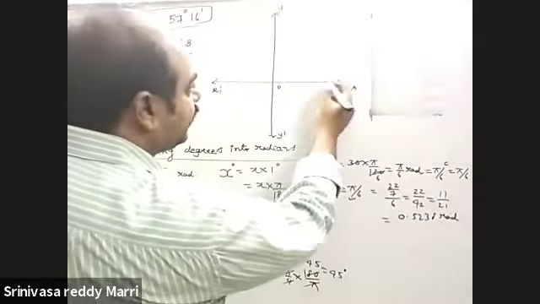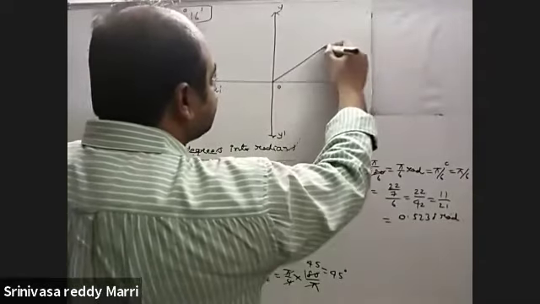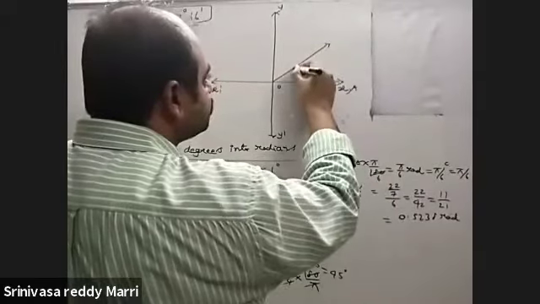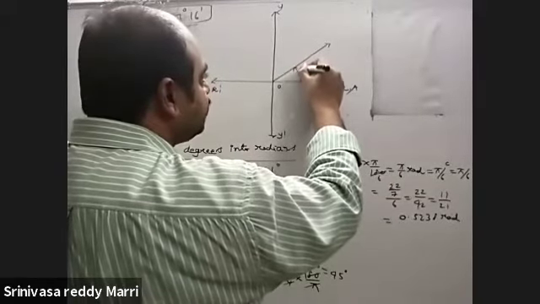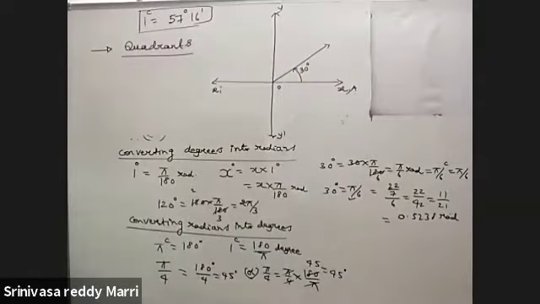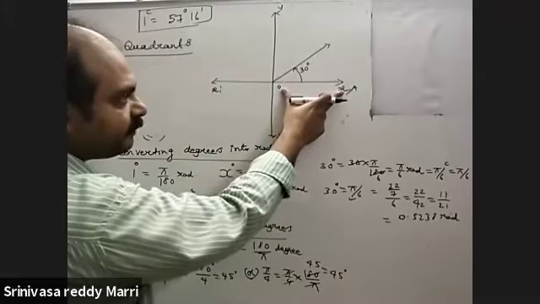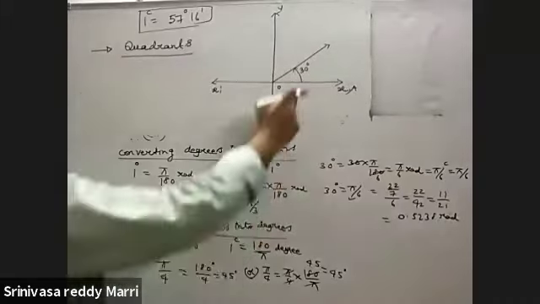So this is OA. With this we will draw a ray from the origin making an angle of 30 degree. So this angle is 30 degree. Like that we will measure. Now this will be treated as OA from now onwards.